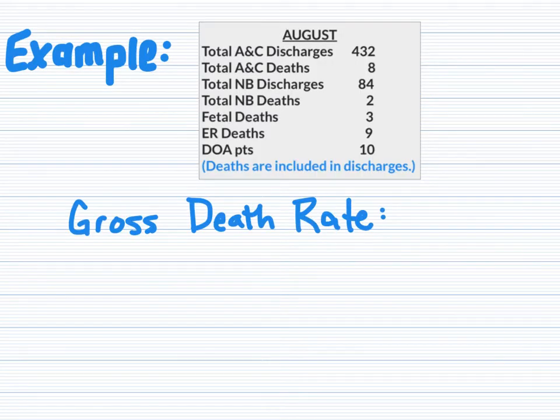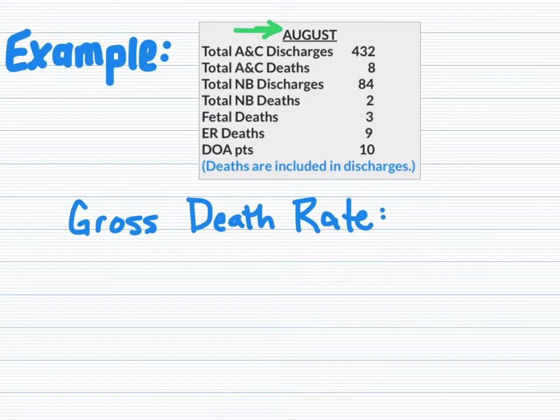Let's go ahead and make a gross death rate calculation based on the following data collected for the month of August. Before we begin, I want you to just read through the data and get a feel for what they're giving us. This first line, total adults and children discharges, 432.